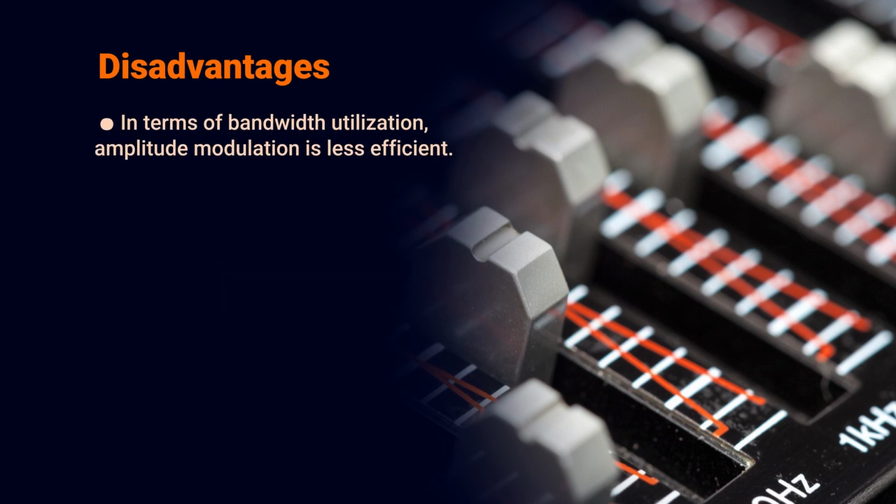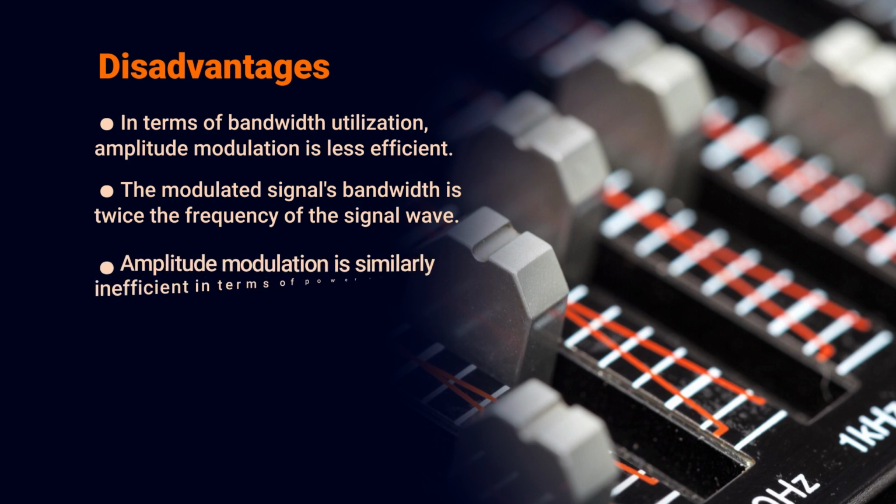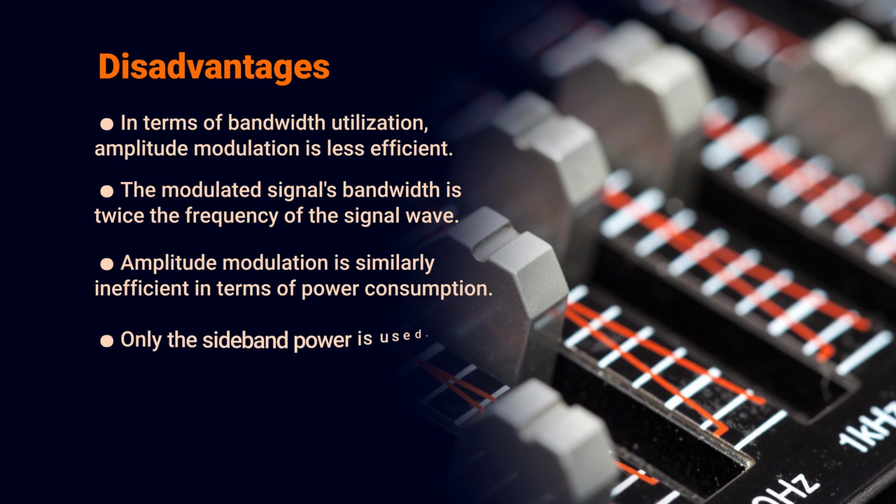In terms of bandwidth utilization, amplitude modulation is less efficient. The modulated signal's bandwidth is twice the frequency of the message signal, and amplitude modulation is similarly inefficient in terms of power consumption. That means it consumes more power, and only the sideband power is used.